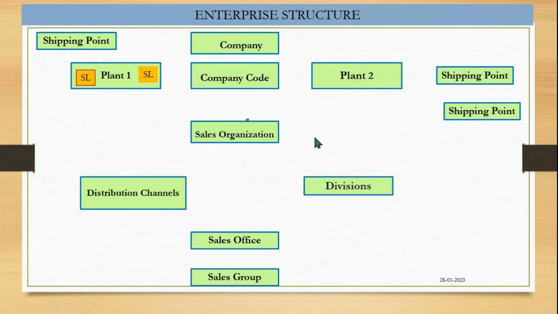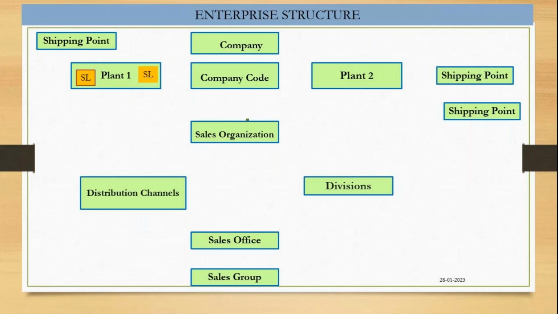Whatever sales happen on the SD side needs to be updated on the company code side. That's the reason we need an integration between sales organization and company code. This integration with other organizational elements is very important, mandatory.